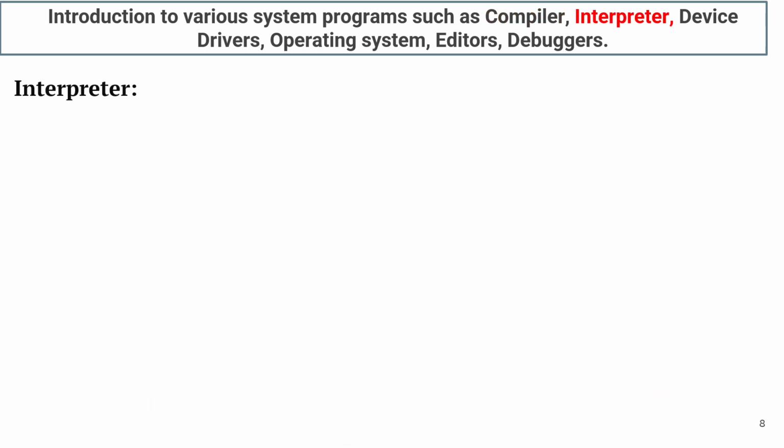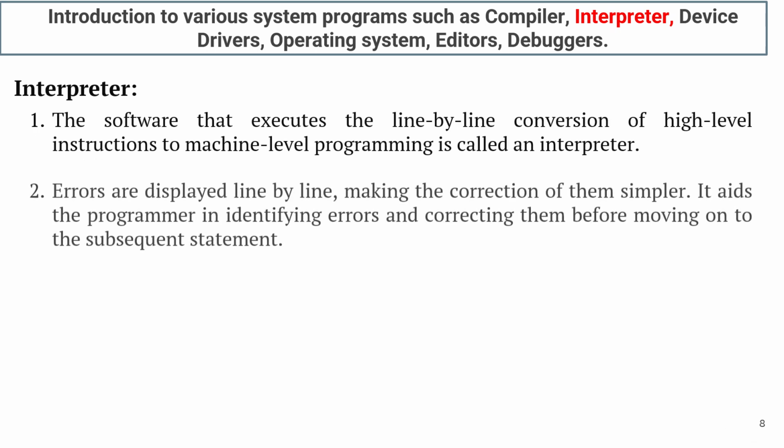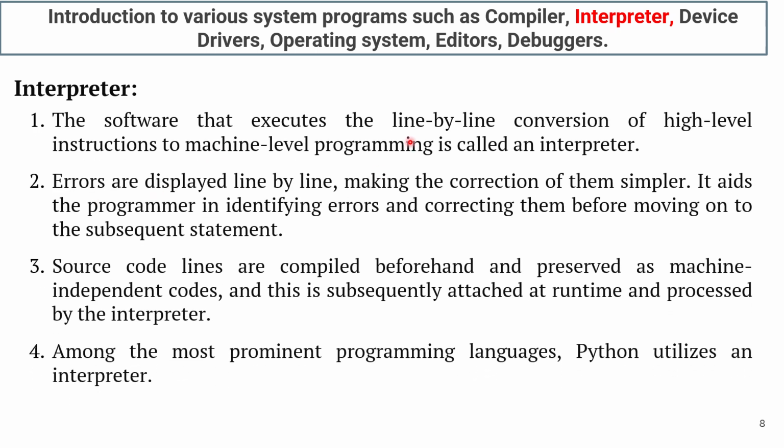Coming to interpreter. An interpreter is a software that executes the line-by-line conversion of high-level instructions into machine-level programming. As I said, errors are displayed line by line, making the correction of them simpler. If you compare this with a C program, you must have noticed that every time an error is identified, you need to change that one error, compile the program, and check if errors still exist.